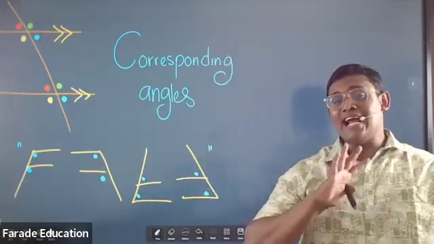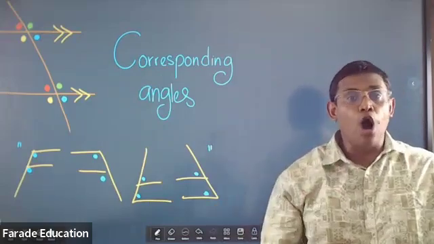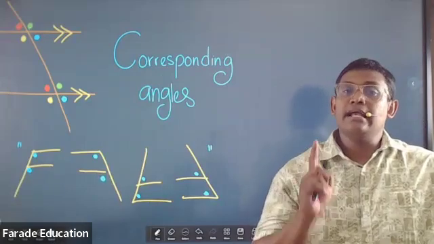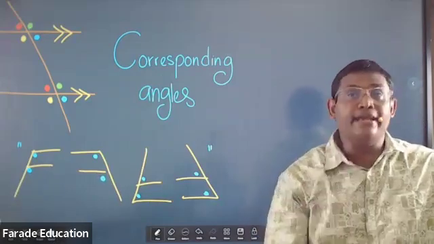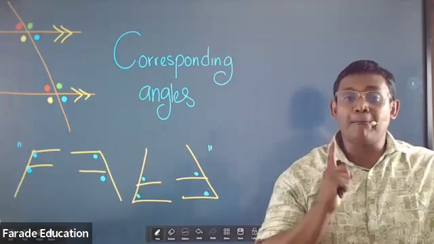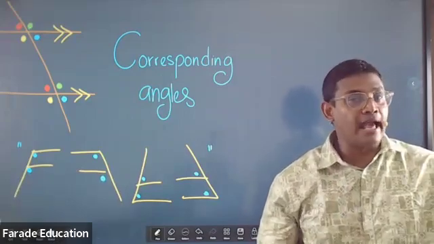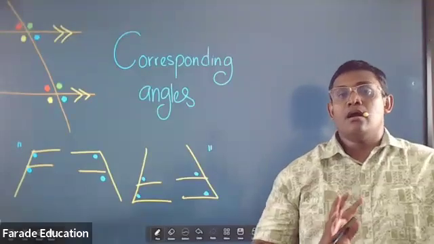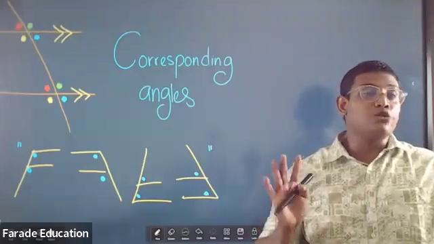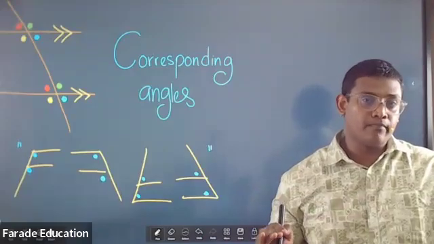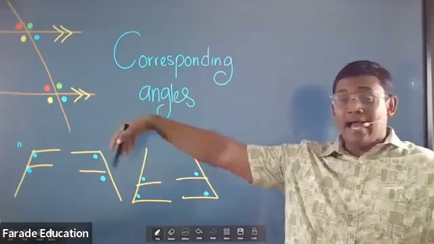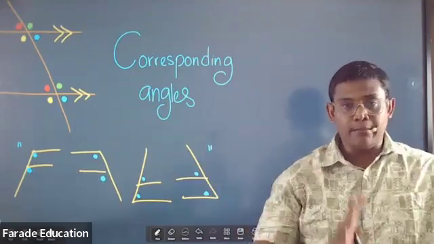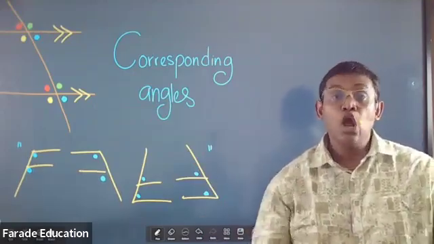Even when the lines are not parallel, we call them corresponding angles. If and only if the lines are parallel, the corresponding angles are equal. Clear? It doesn't have to be parallel lines to be corresponding angles. If the angles are in the shape of an F under the armpits, we call them corresponding angles.